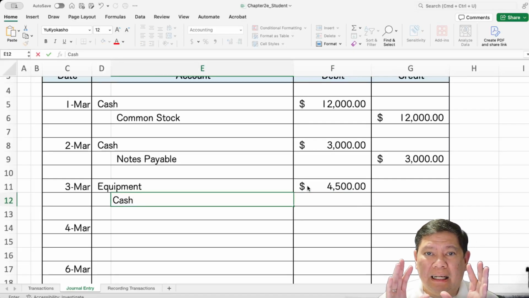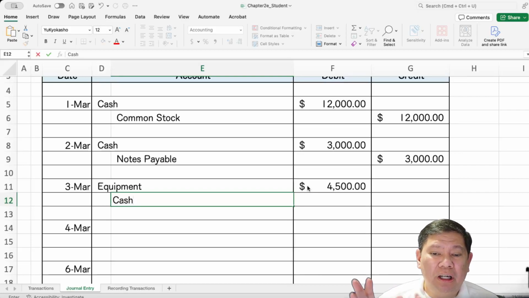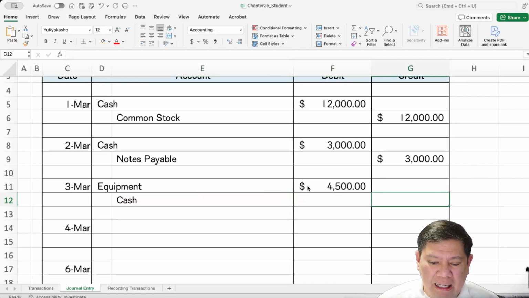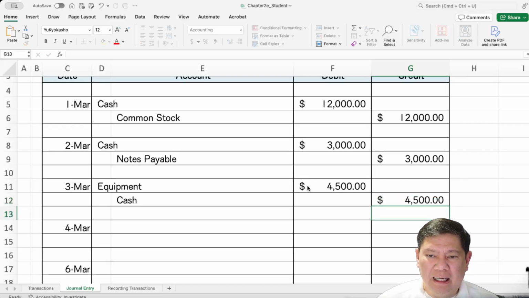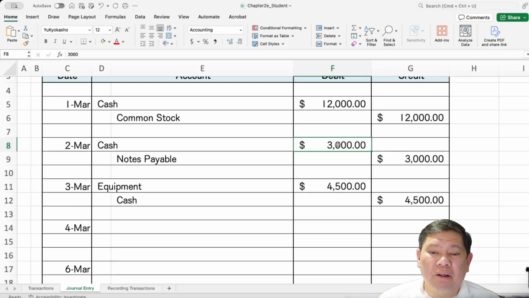Now when a debit account like cash goes down, we have to put it on the opposite side. 4,500 is on credit. If we put it on debit, that will increase the amount of cash, but if we put it on credit, that will decrease or reduce the amount of cash that we have.